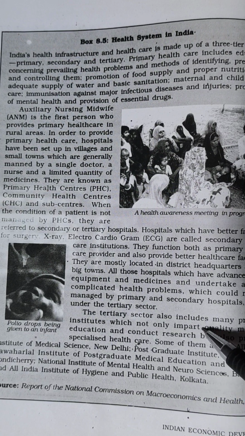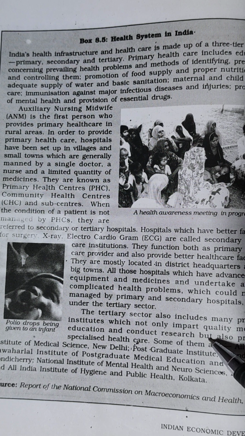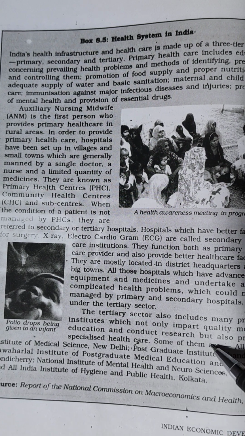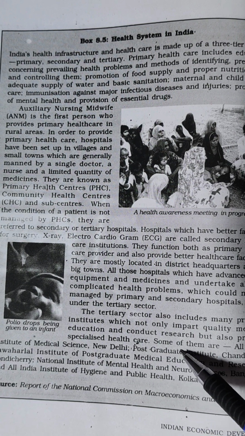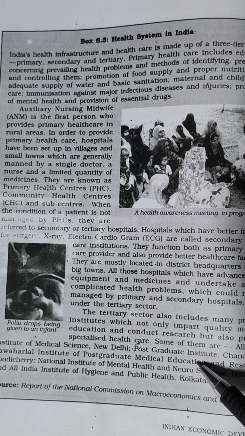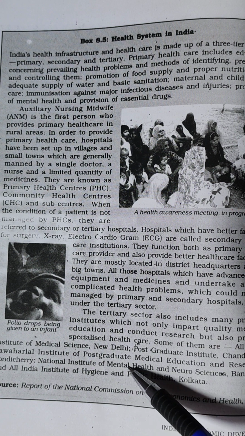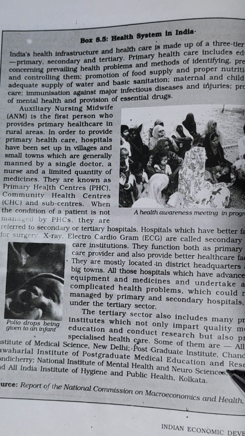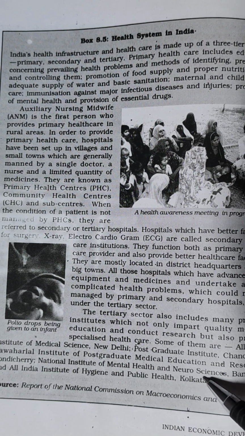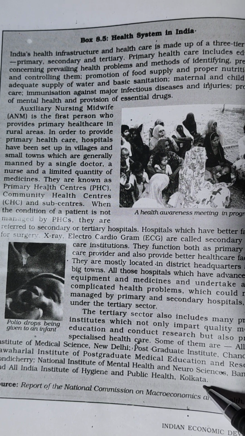The tertiary sector also includes many premier institutions which not only impart quality medical education and conduct research but also provide specialized health care. Some of them are All India Institute of Medical Sciences, New Delhi, Postgraduate Institute, Chandigarh, Jawaharlal Nehru Institute of Postgraduate Medical Education and Research, Pondicherry, National Institute of Mental Health and Neurosciences, Bangalore, and All India Institute of Hygiene and Public Health, Kolkata.